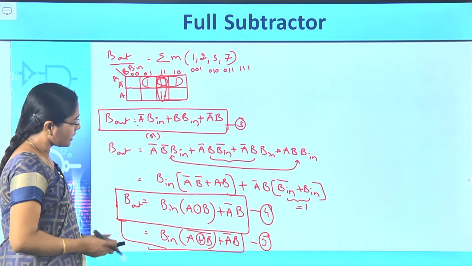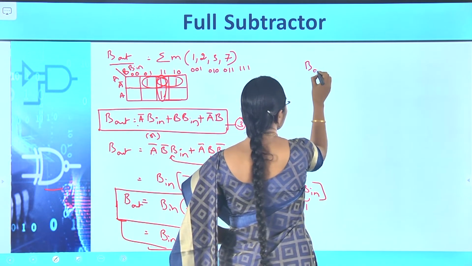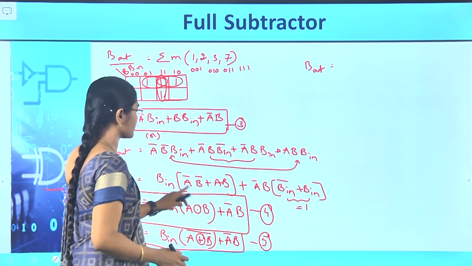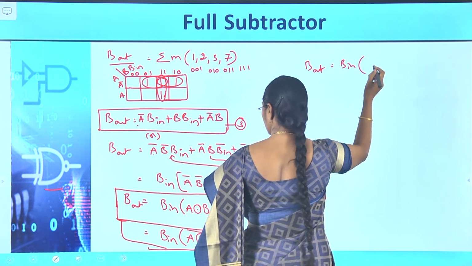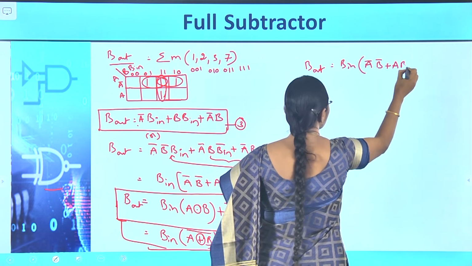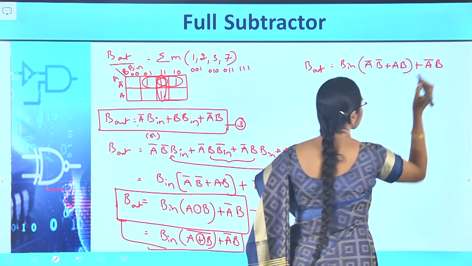Or in other terms, this B out can also be written as B out is equal to, from this, take this expression, that is B in into A bar B bar plus AB plus A bar B, from this.